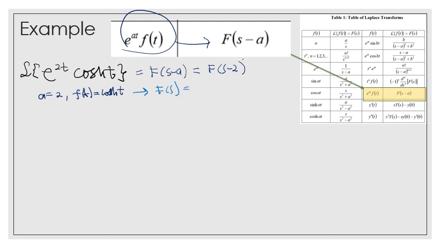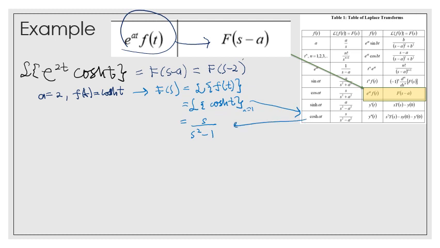Remember, F(s) is equal to the Laplace transform of f(t), and f(t) here is cos t, which we defined just now. To get the Laplace transform of cos t, refer to the table here. With a equal to 1, just substitute and you get s over s squared minus 1. That is F(s) based on the table.